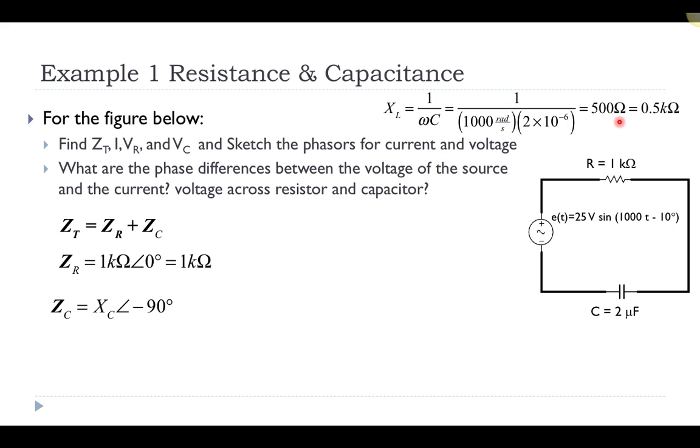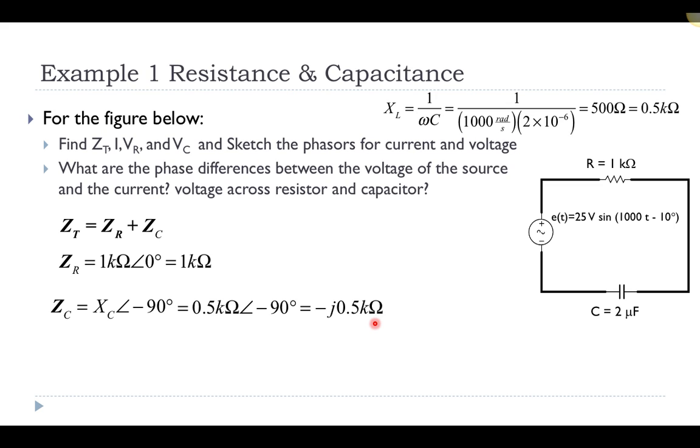In order to be consistent and use the same units, since my resistor value was in kiloohms, I'm going to use kiloohms here, so 500 ohms is equivalent to 0.5 kiloohms. So I could write down that the impedance for the capacitor is 0.5 kiloohms with an angle of -90, and if I write that in rectangular form, it just has an imaginary part that's negative 0.5 kiloohms.